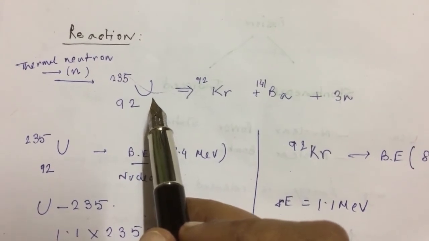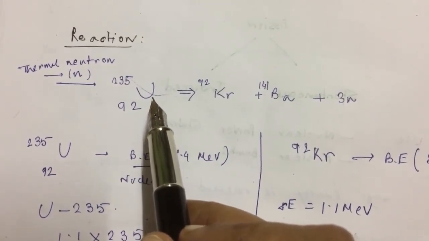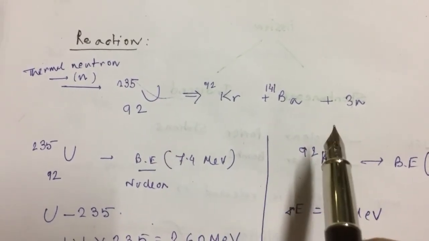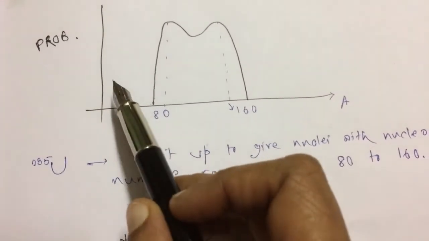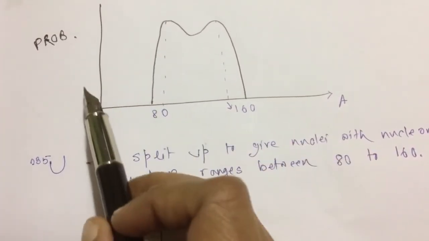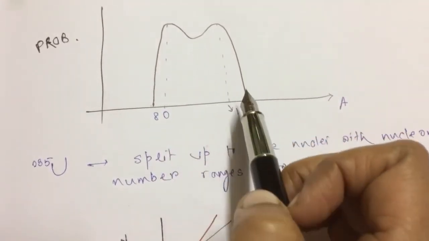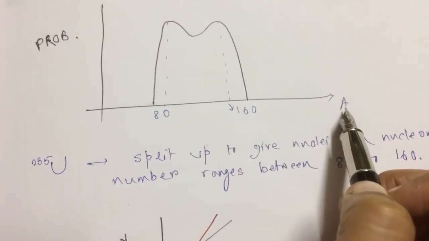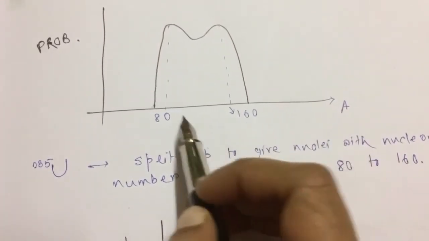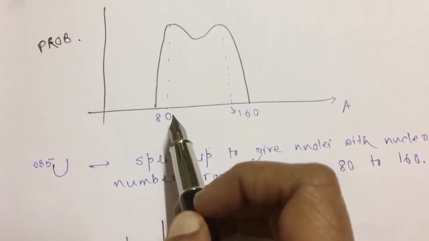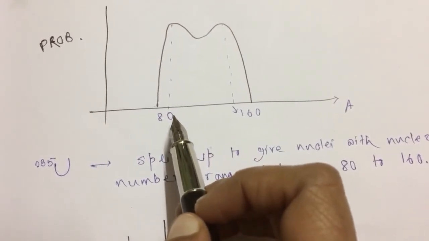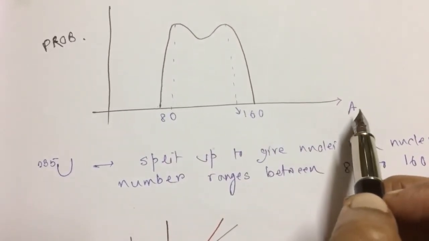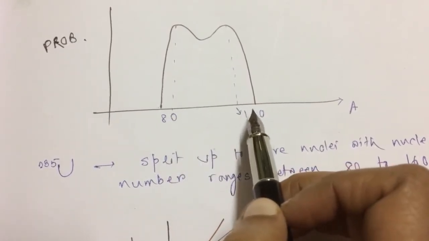There are so many ways in which the uranium nucleus can be split up into other fragments. If we plot the probability of getting the smaller fragments with different total numbers of nucleons, we will get that uranium can be split up into smaller nuclei with a total number of nucleons anywhere between 80 to 160.